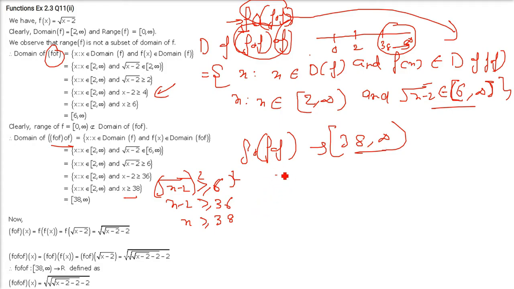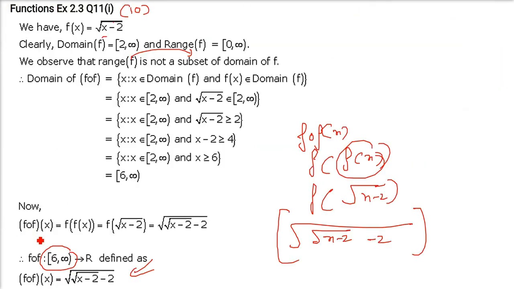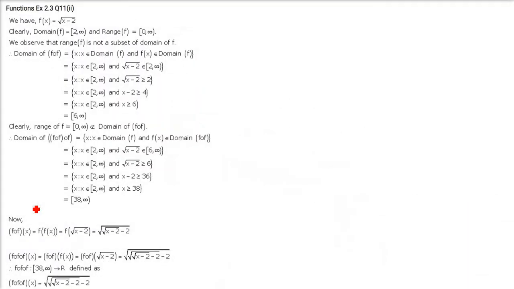Now FOF you already know. It was under root x minus 2. Just put one more under root and just subtract 2 from here. There will be a double under root inside this.